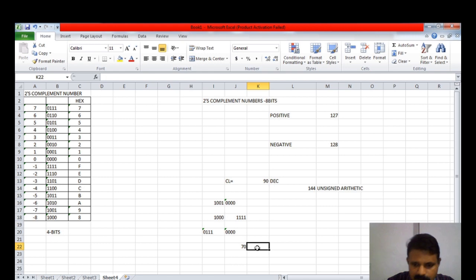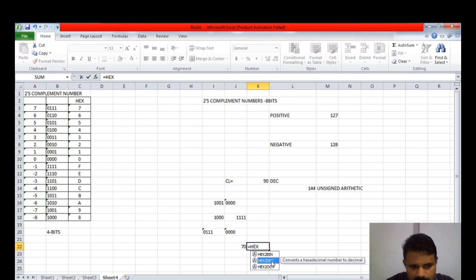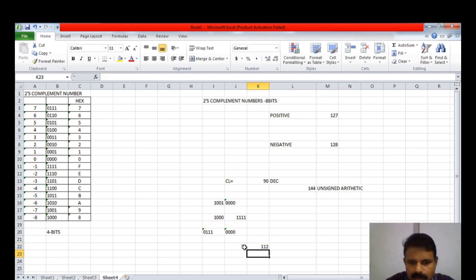This is in hexadecimal, so let us convert into decimal. It is 112. That is, our CL register contains the value 90 in hexadecimal. Its meaning in signed arithmetic represents minus 112.